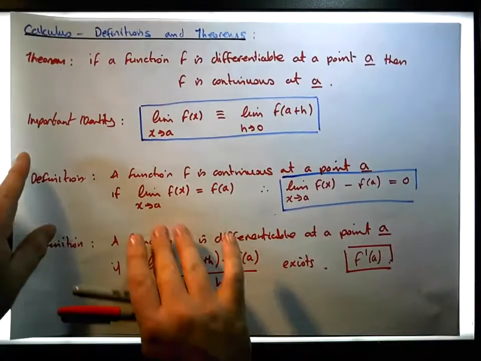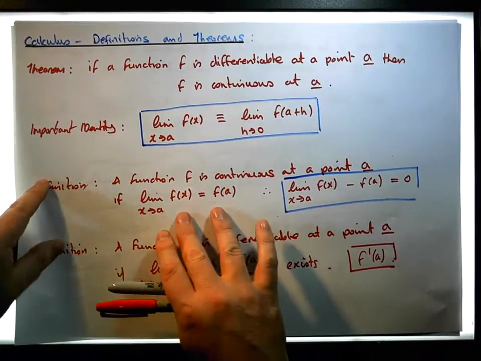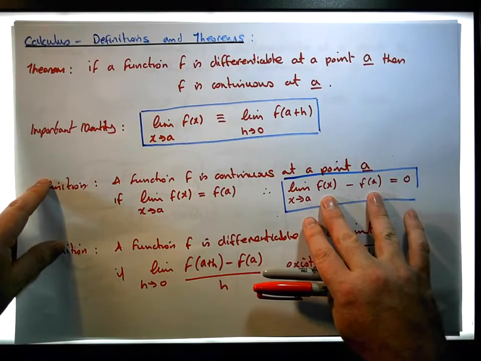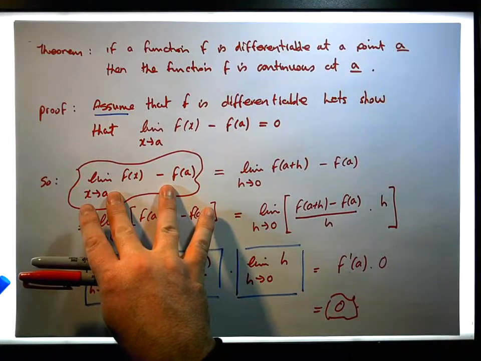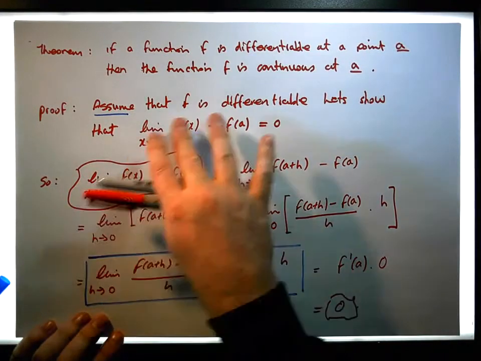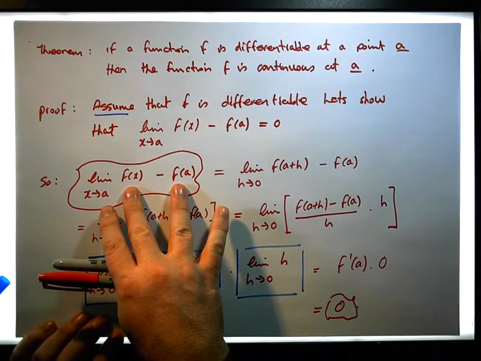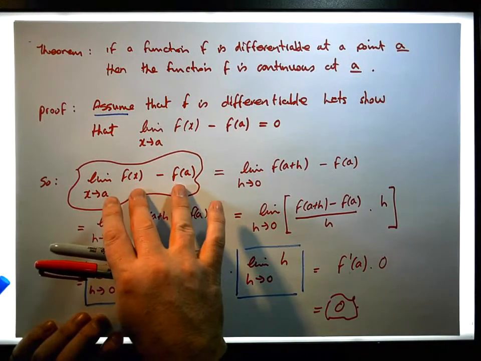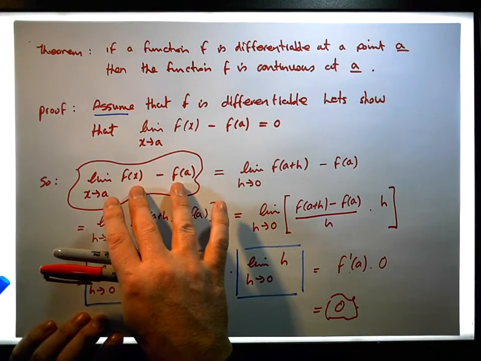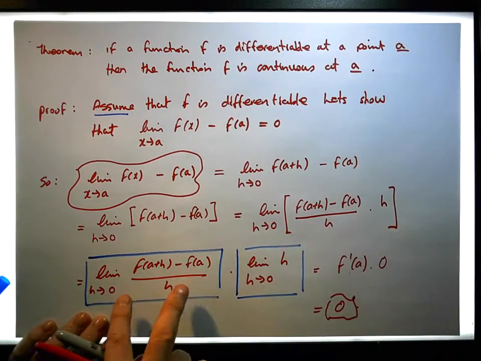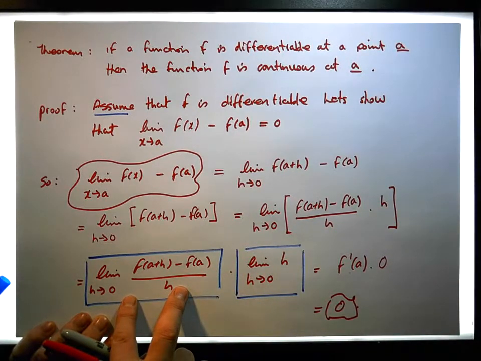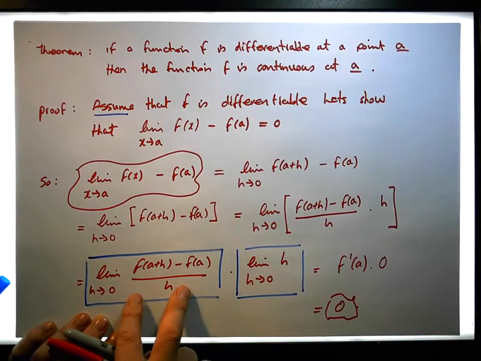We just showed that the difference between them is equal to 0. We started off with the difference between them and assumed that f is differentiable. We tried to force this thing into what it means to be a differentiable function by introducing h over h, which gave us the definition of differentiability.